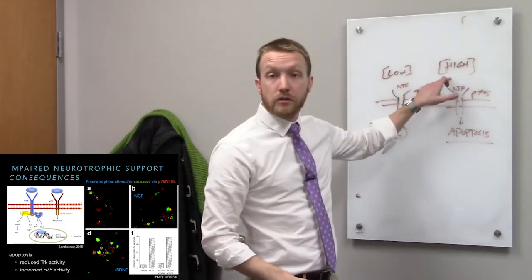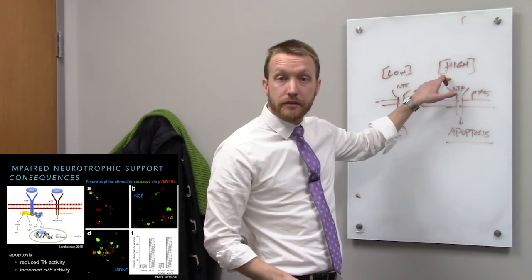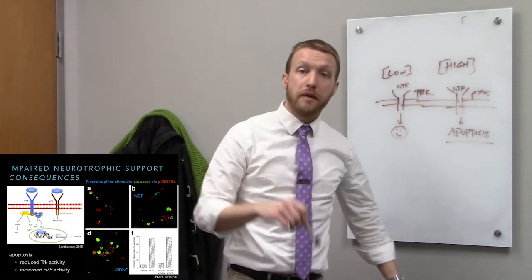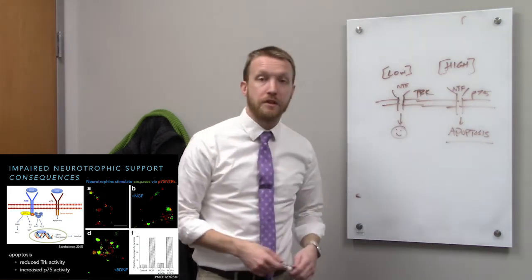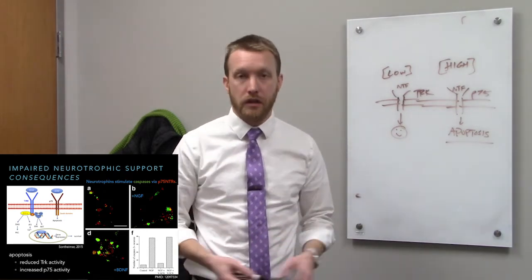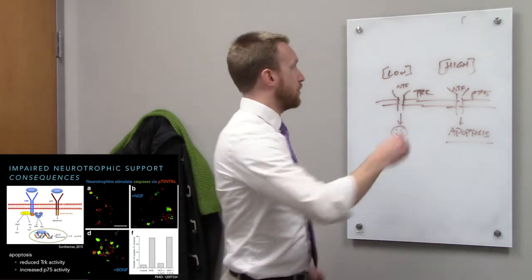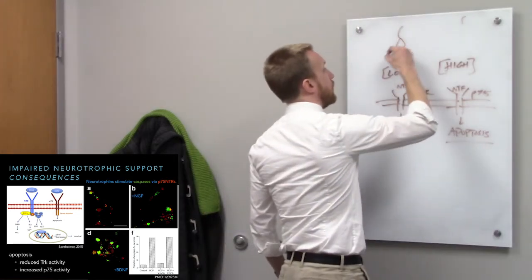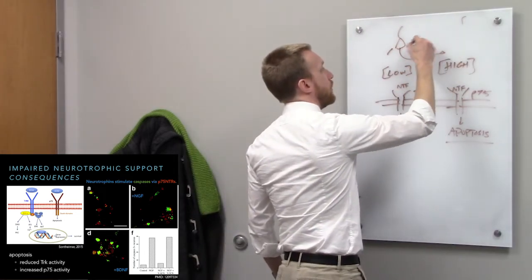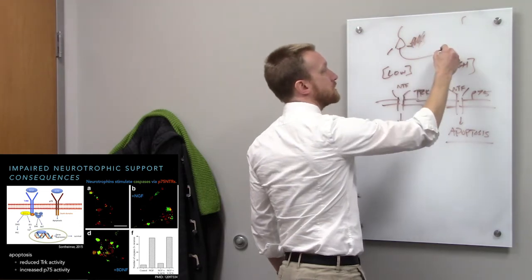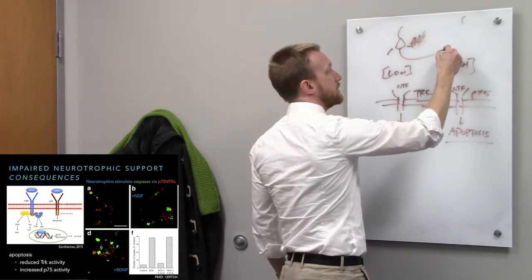The release of neurotrophic factors depends on the level of activity of the cell. So this takes us all the way back to the beginning when we talked about glutamate toxicity or excitotoxicity. So when neurons fire a bunch of action potentials, that hyperactivity, yeah, it's going to spit out a lot of glutamate. That can be toxic.